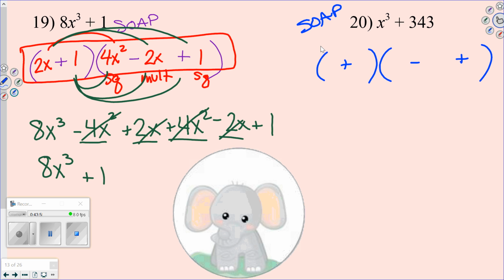Cubed root of x cubed. Cubed root of 343. Square, multiply, square. What is x squared? Multiply. Square that one. Will this factor further? No, it never will. Stop trying. No, it won't, ever. I promise. Don't waste your time. No.